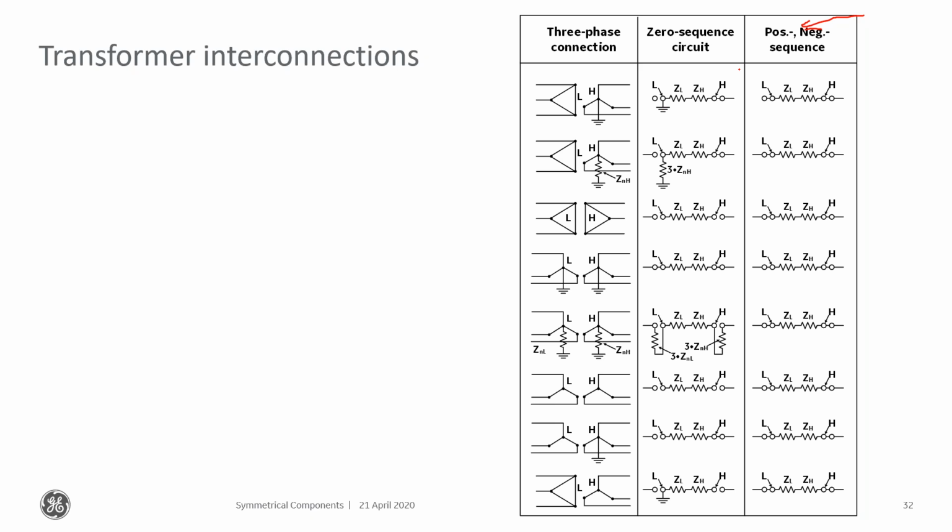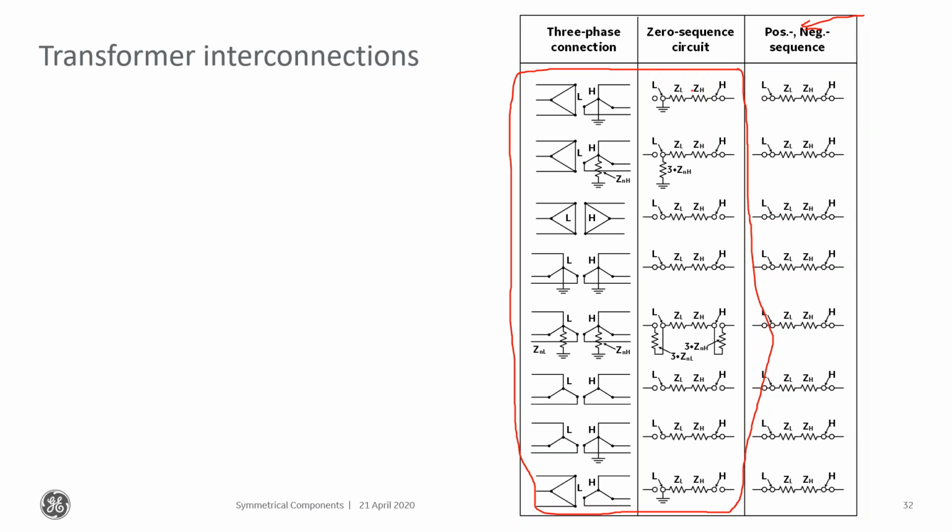But the transformer connection will determine whether or not we're able to pass zero sequence quantities. It will also depend on whether or not the transformer is grounded in some way. Basically, it depends on whether or not we have a ground source. The transformer, if it's grounded, can be a ground source. If it's a ground source, then we can pass zero sequence current. If it's not a ground source, we can't.